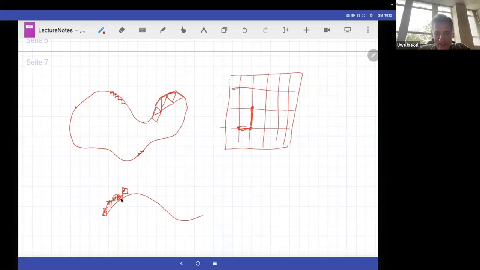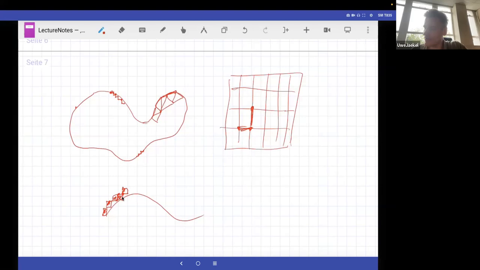But the problem is, for each of these very fine squares, you have to compute the function on all these values, on all these grid points. So you have a very large number of grid points. That's the main problem.